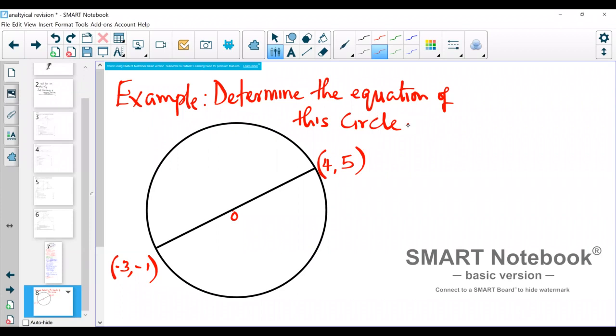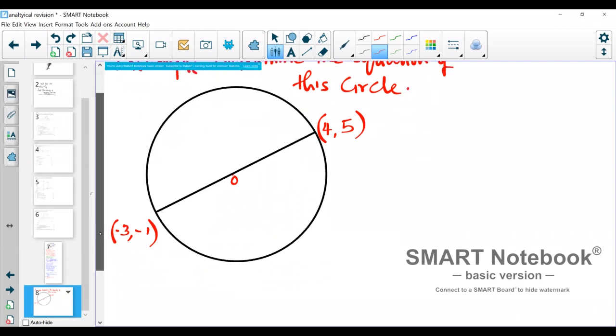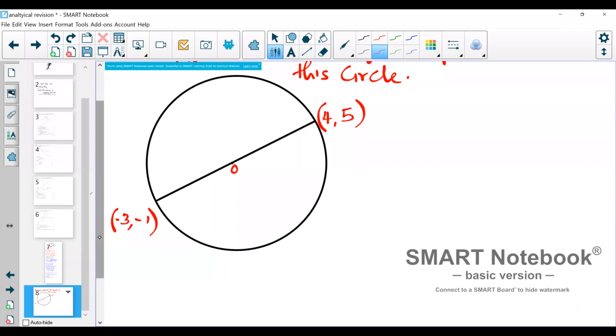And there are two ways. I'm going to try to work out all the possible ways to get the equation of a circle. First is to get the length of the radius.